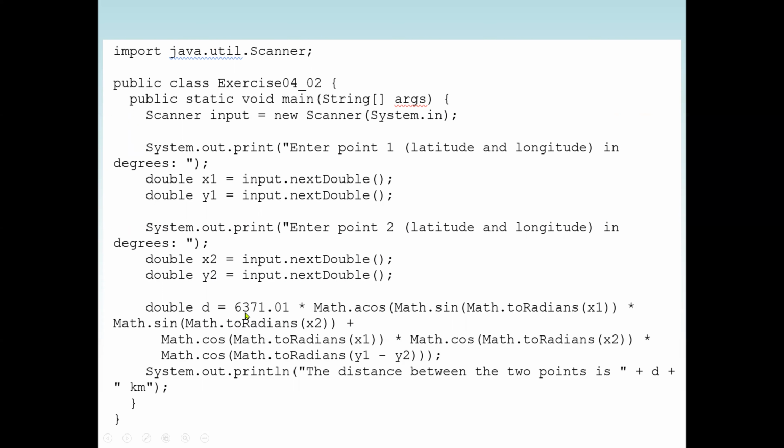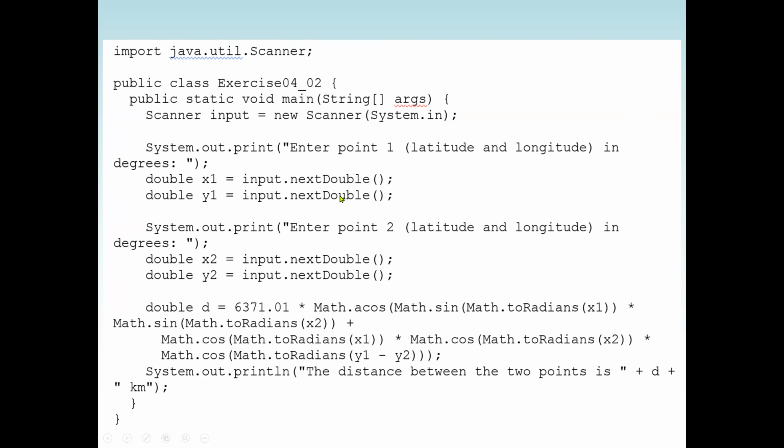So we can find the distance. Distance will be 6371.01 times Math.acos of Math.sin. Remember again, the input is in degrees, so we convert it to radians. That's the input x1, converted to radians before we find the sine of it.